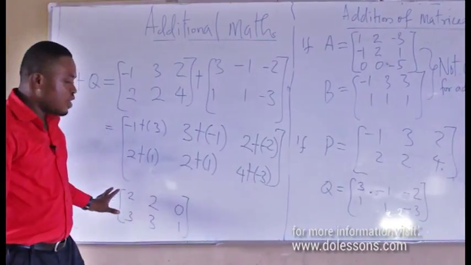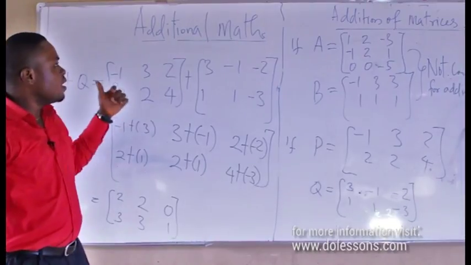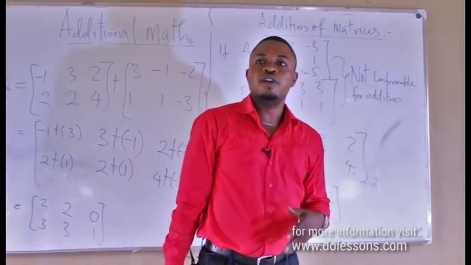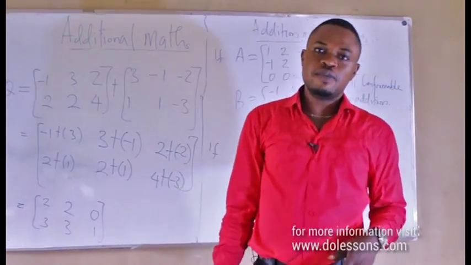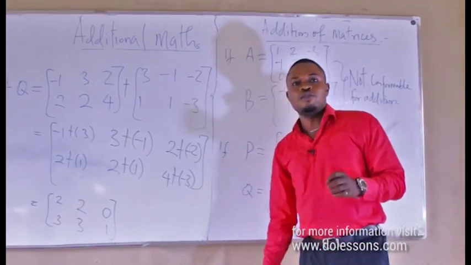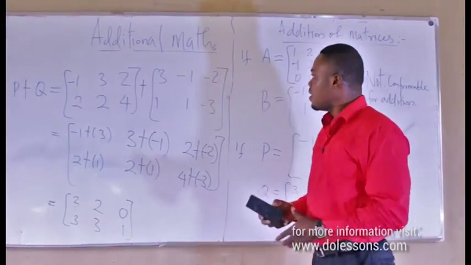So, addition is done if and only if the dimension of the matrices is the same. And when it is done, it will still give you a matrix of the same order.